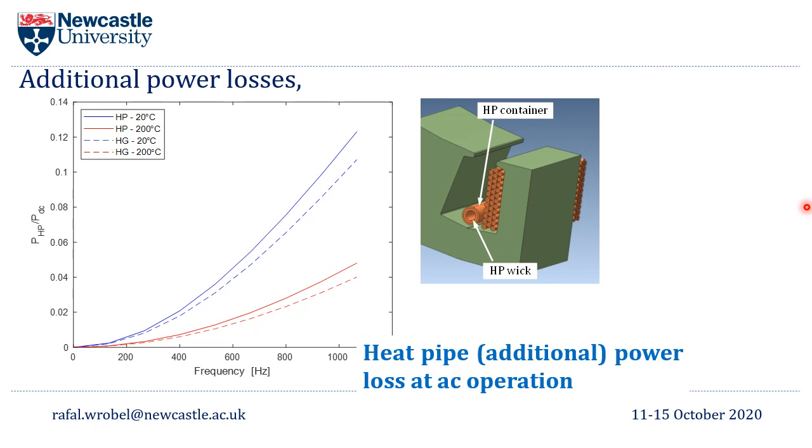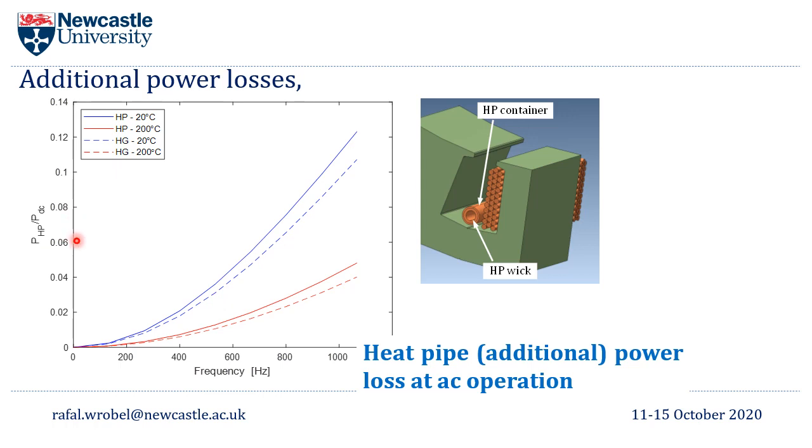Another important factor is the additional loss associated with that heat guide heat pipe assembly. A heat guide portion of that assembly is assumed here to be made of ceramic material with high thermal conductivity, which doesn't introduce any additional losses. However, the heat pipe itself, the shell and the wick, do contribute to the loss figures generated in the stator winding assembly, and here they're represented as a heat pipe loss to a DC winding loss.